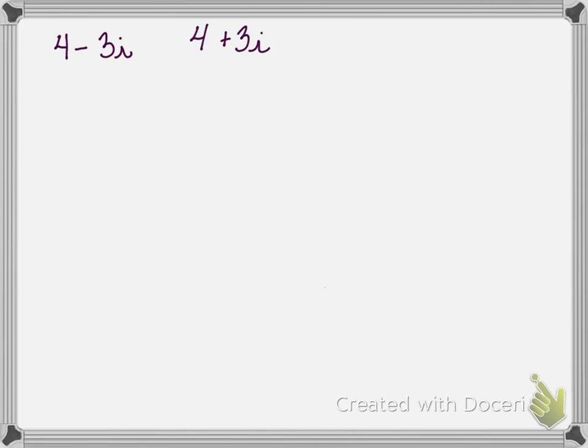So if I have 4 minus 3i as a solution to a polynomial, I have to have its complex conjugate as a solution. And the complex conjugate is 4 plus 3i. So that is the solution. 4 minus 3i and 4 plus 3i are the solutions. Now, if I'm talking about a factor, I'm going to take each one of these solutions and put it into factored form, that is when I have the x minus.